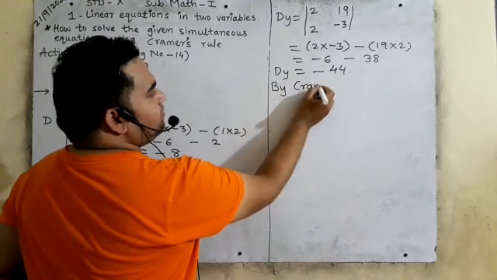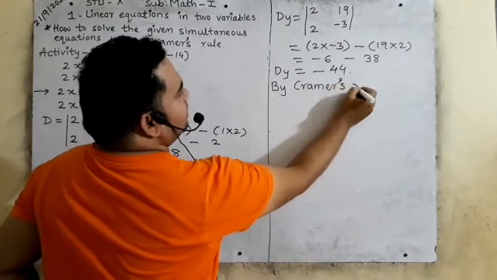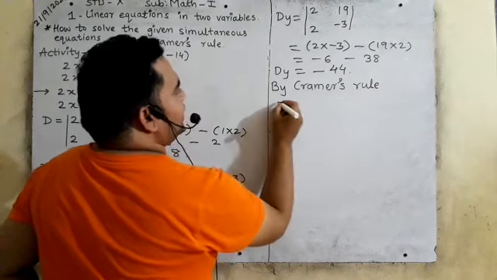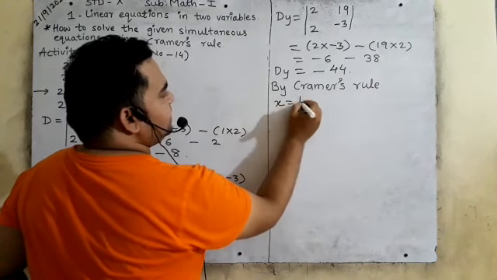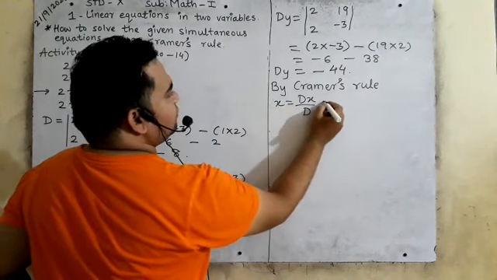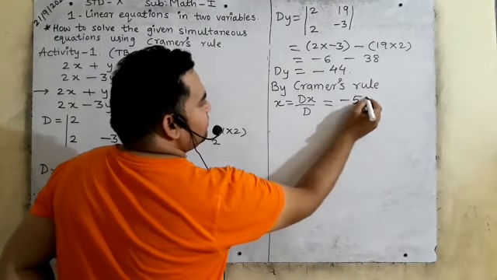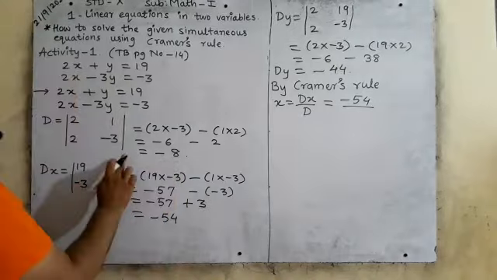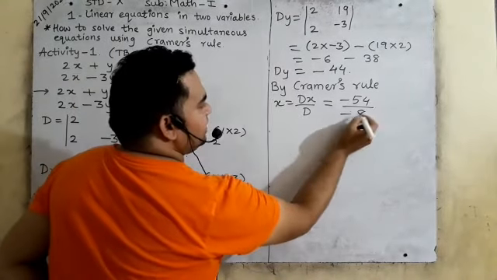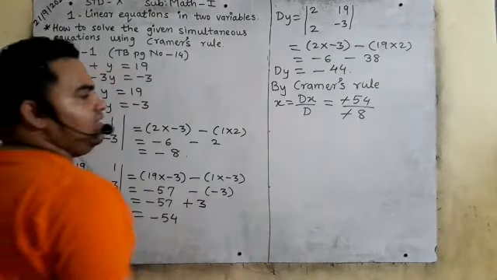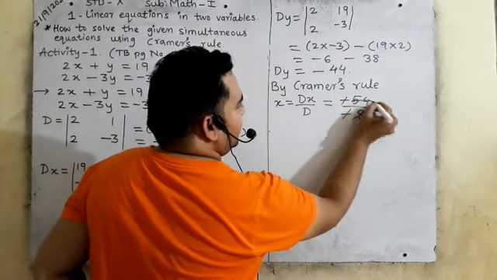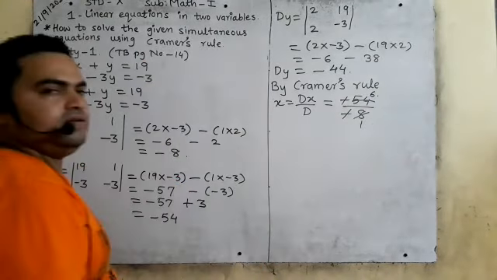By Cramer's rule, you will find the value of x, that is Dx upon D. What is Dx here? Minus 54. Minus 54 upon what is D here? Minus 8. Minus 8. So minus will get cancelled. Then 8 ones are 8, 8 6s are 48.